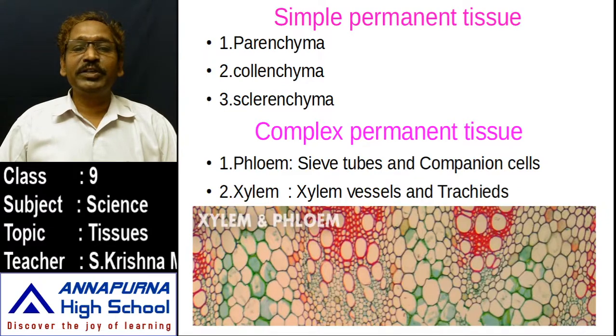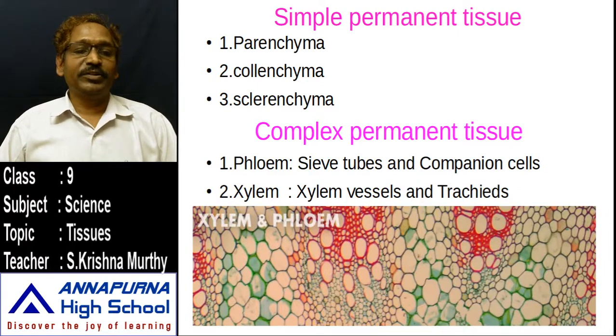The simple permanent tissue has parenchyma tissue, collenchyma tissue, and sclerenchyma tissue. The complex permanent tissue is also divided into two tissues. What are they? Phloem and xylem. Let us discuss the simple permanent tissue.